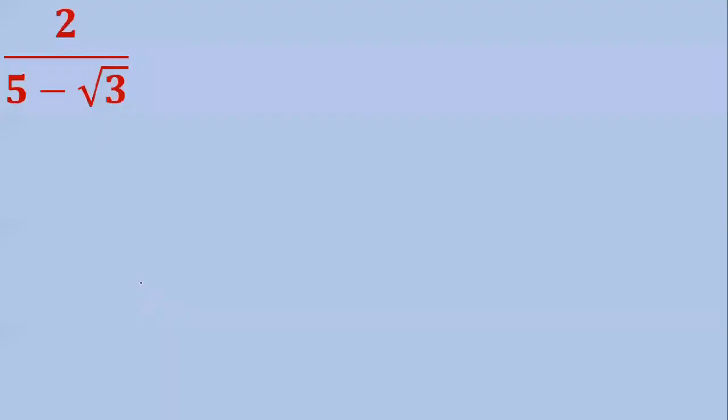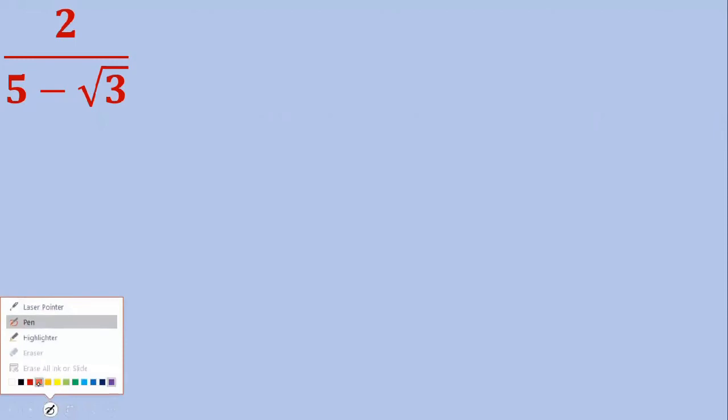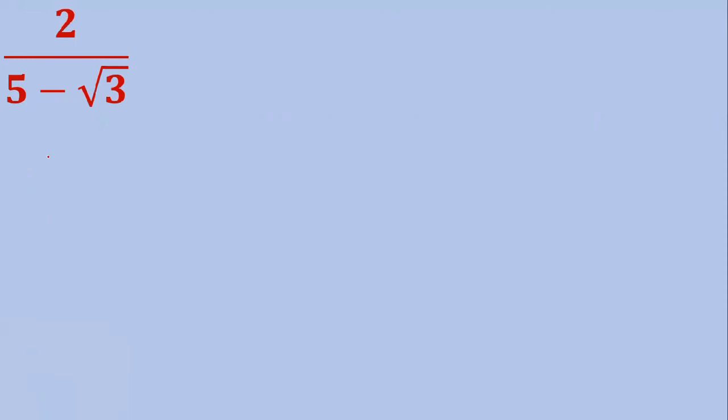So let us see one more example. 2 by 5 minus root 3. Here the numerator is 2, which is a rational number. The denominator is 5 minus root 3. The sum or difference of a rational with an irrational is always irrational. So 5 minus root 3 is an irrational number. So 2 divided by 5 minus root 3.